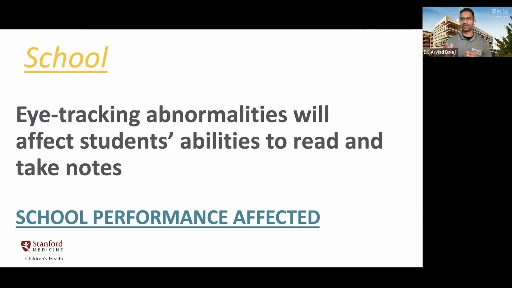And so if a patient is concussed and their visual vestibular system is affected, it's very likely that the eye abnormalities you find on your physical exam are going to translate to struggles in school. This is, again, an important thing to know about so that it's easier to write accommodations and to let schools, school nurses, and school teachers know that you are caring for this athlete, that they are expected to have some struggles in this regard because of your evaluation and examination, and to appropriately provide accommodations so that they can successfully get through school.